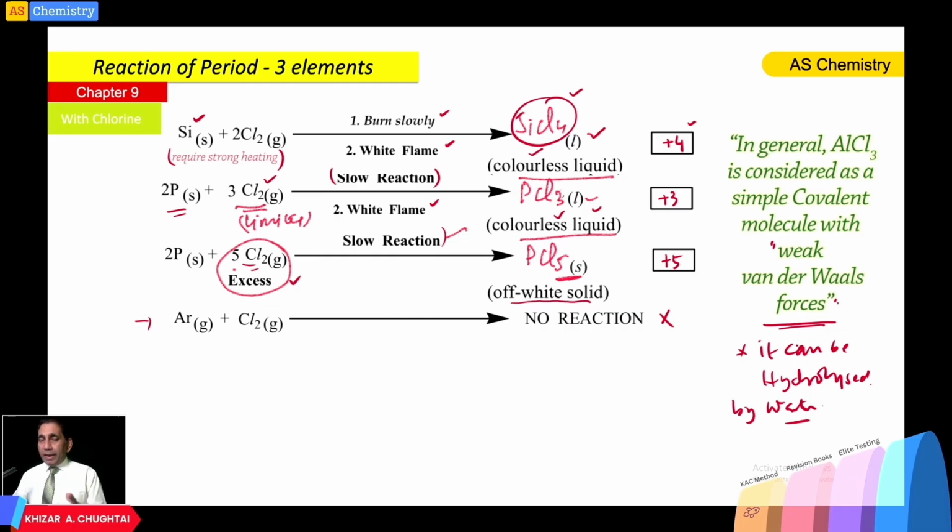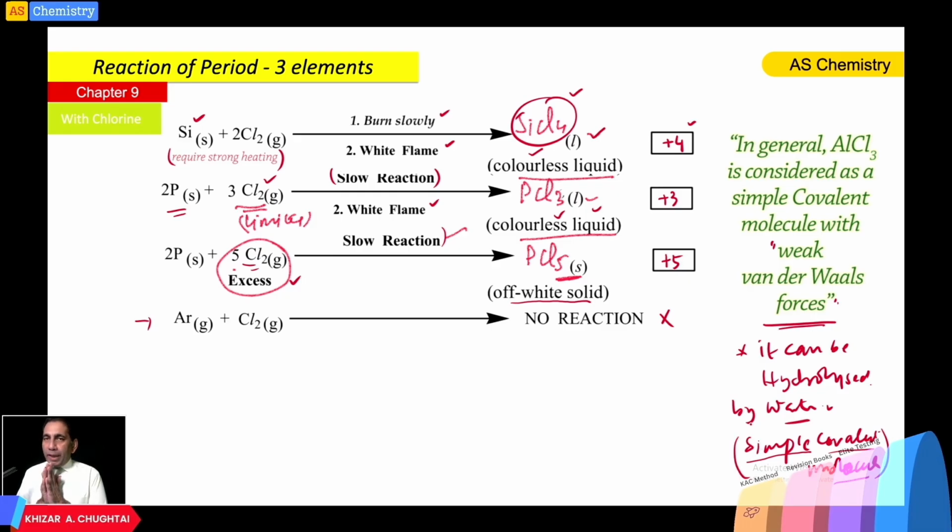So if any compound is supposed to be hydrolyzed by water, it is said to be a simple covalent molecule. Its structure will be simple and this molecule will be covalent. This would indicate that its structure is simple and it has covalent bonds in it.